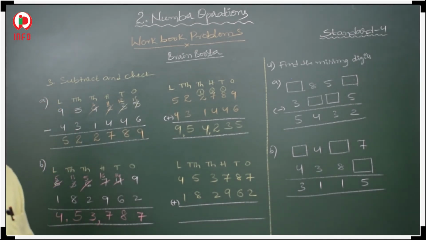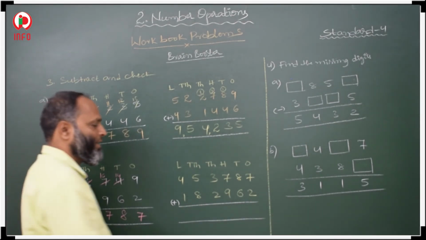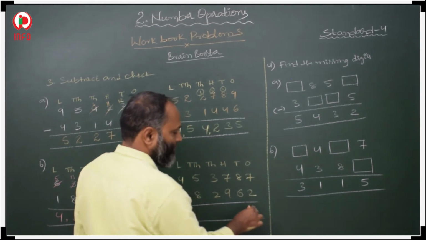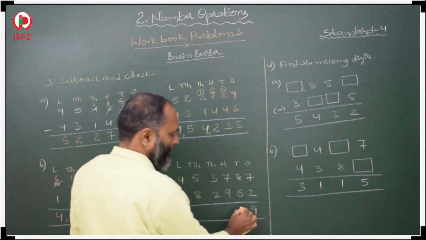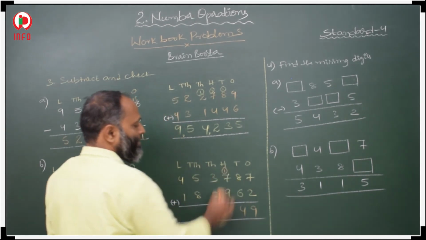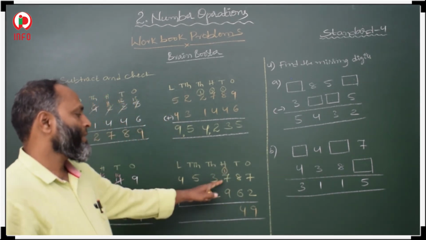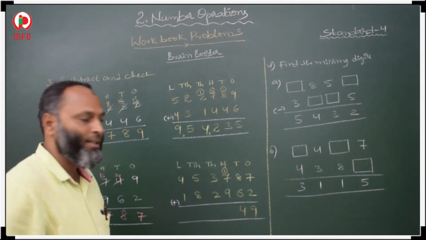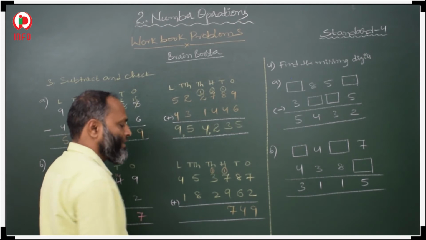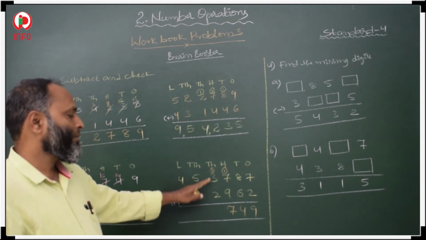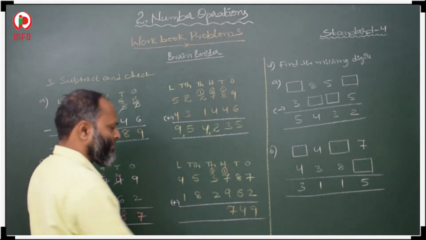Add difference and subtrahend. 7 plus 2, 9. 8 plus 6 is 14. 4 and 1 carried. 7 plus 1, 8. 8 plus 9, 17. 7 and 1 carried. 3 plus 1, 4. 4 plus 2, 6.